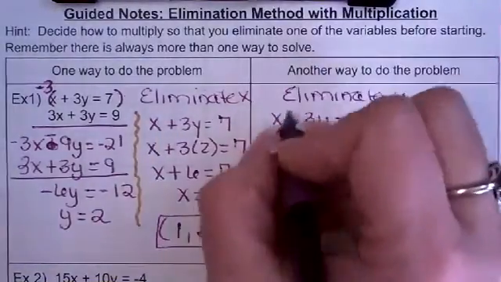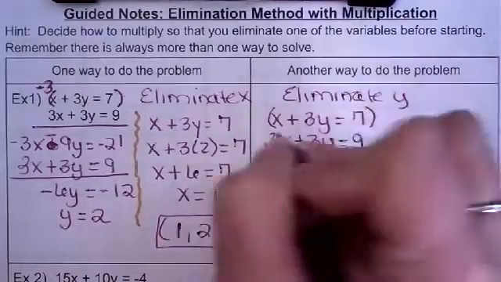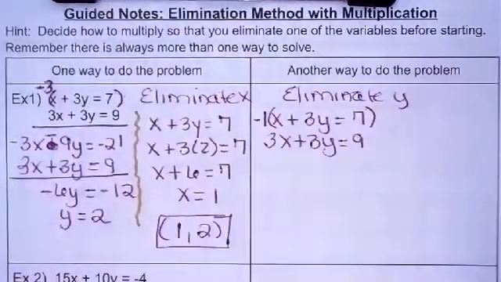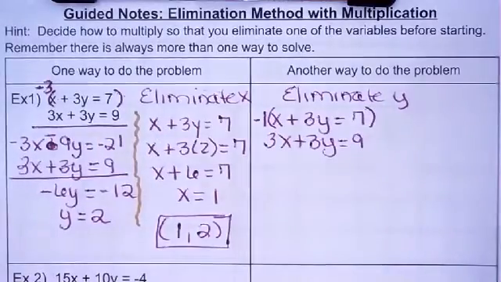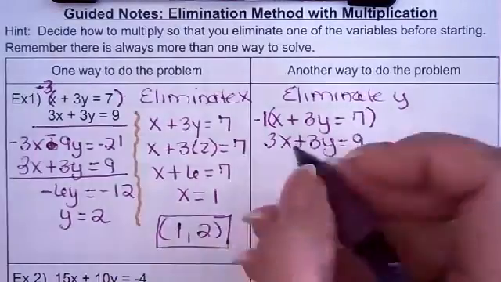So I'm going to multiply this top equation by negative 1. I could have multiplied either of them by negative 1. You've learned in the past, multiplying by negative 1 does nothing but change the sign.